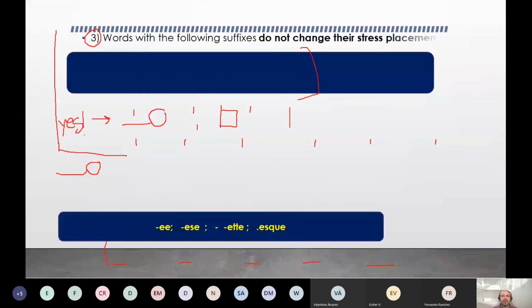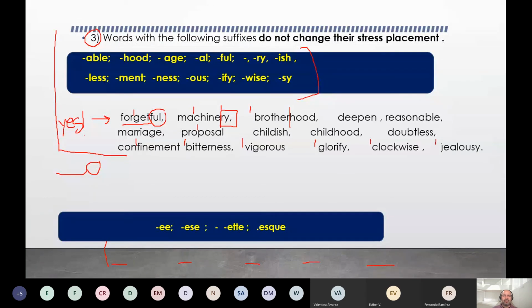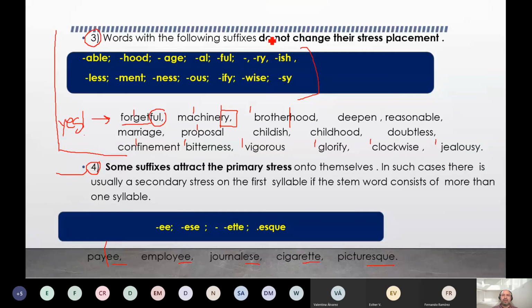Another case in which, even if you add the suffix, the stress remains in the same place, like example number 3. And number 4, in the case of the following suffixes, the stress is attracted by these suffixes. Okay, so those are these 3 cases.